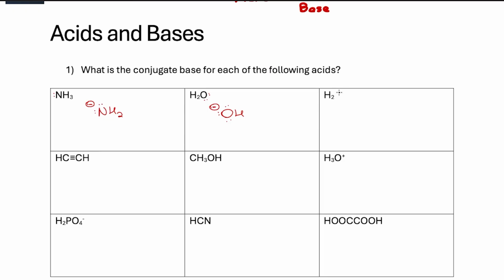H2 will just lose one of the hydrogens and then get left with an extra lone pair. And so you end up having this negative hydrogen, right? Something like that. Now in the next problem, we'll lose one of the protons on this carbon. And this actually is pretty difficult, and the reason why we'll explain in a future video. And it also gains a lone pair because of that and gets a negative charge.